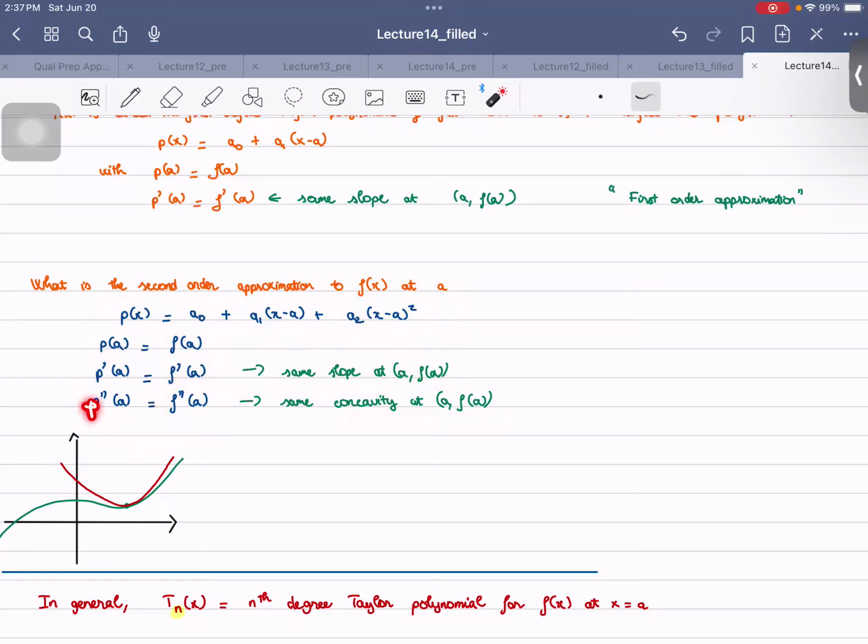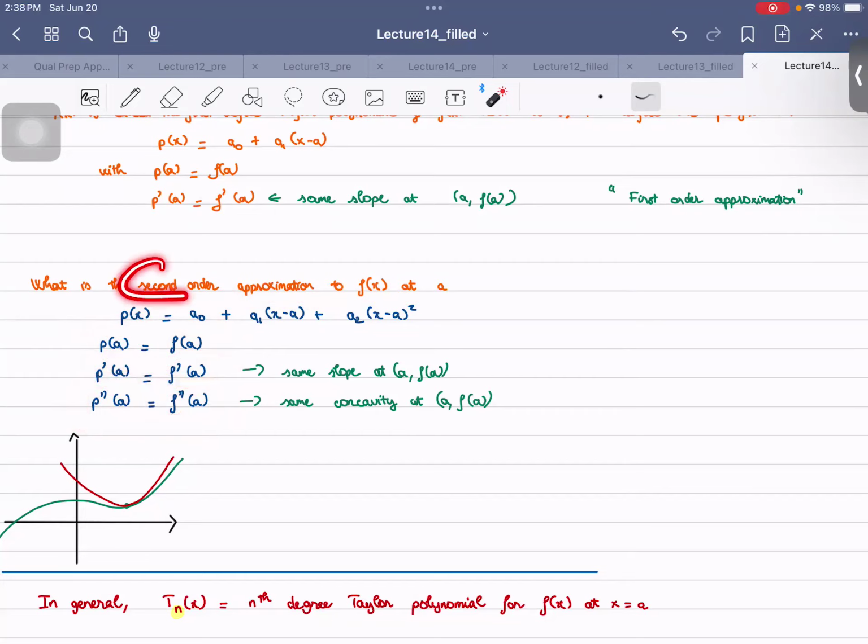That means p double prime of A equals f double prime of A. So the second order approximation carries three important pieces of information: the output of the original function, the slope of the original function, and the concavity of the original function.